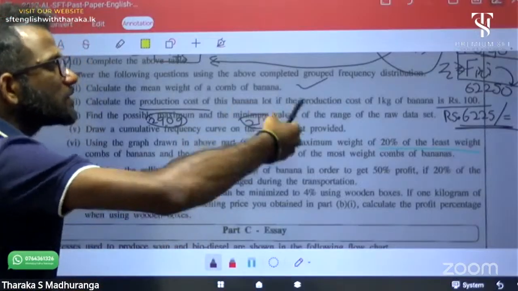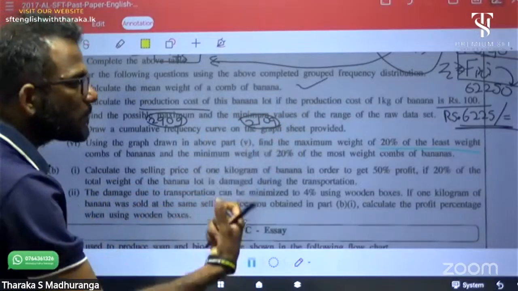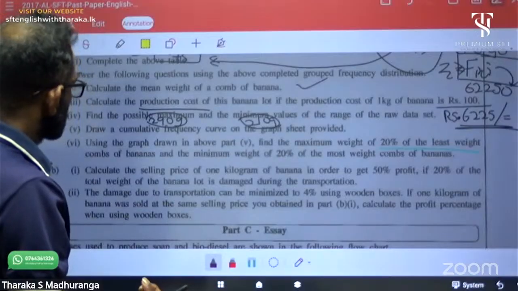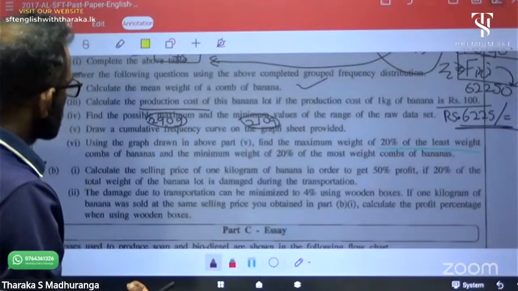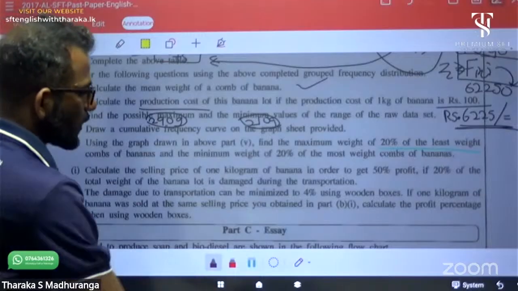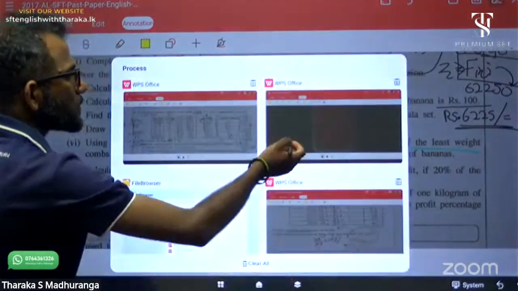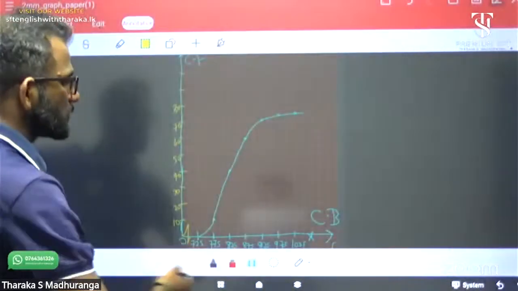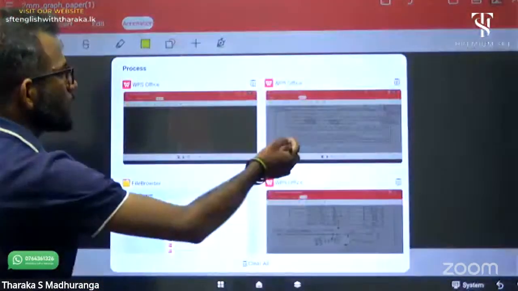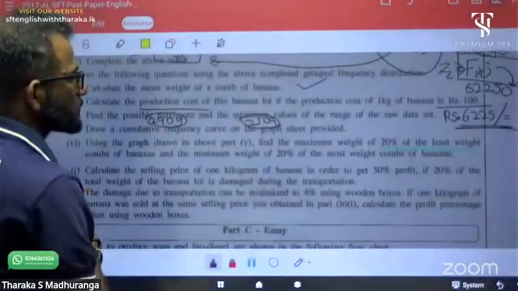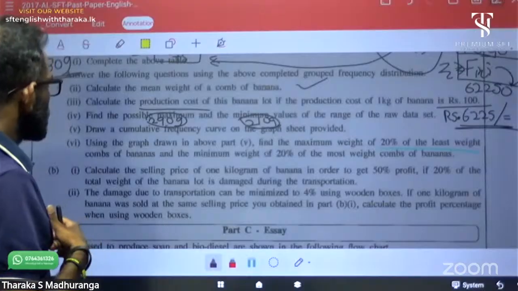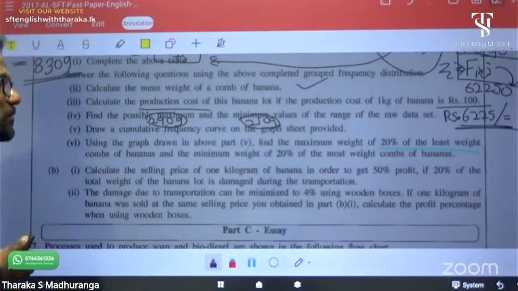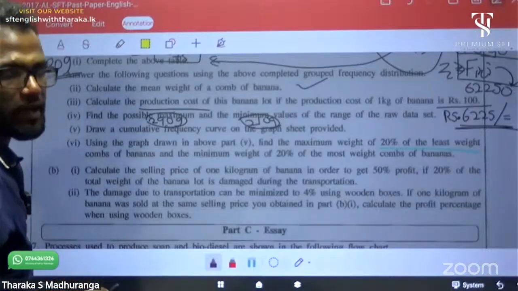Maximum weight 20% and minimum 20%. How to calculate? Yeah, good question. Least weight combs of banana and the maximum weight of 20% of the most weight combs of bananas.